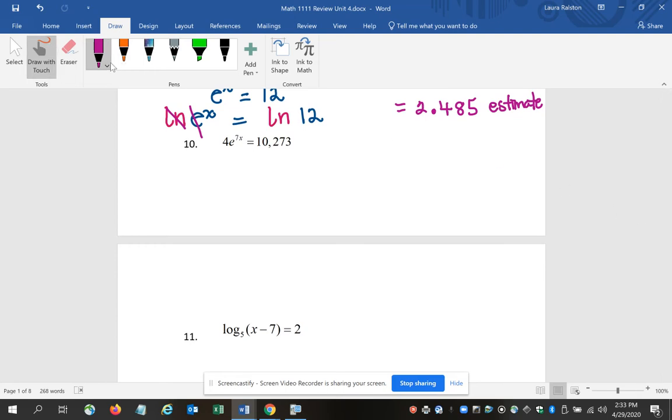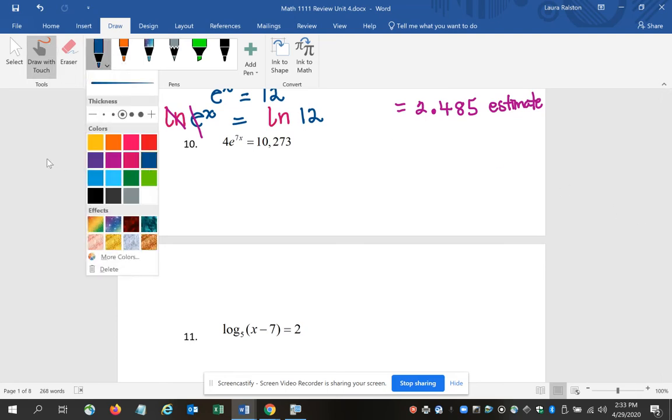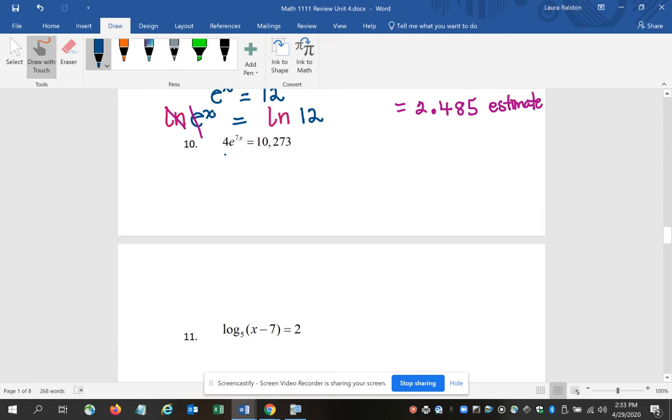All right, number 10, I have 4 times e raised to the 7x equals 10,273. Again, hopefully you recognize it as an exponential because the exponent contains the variable, but it is not isolated.